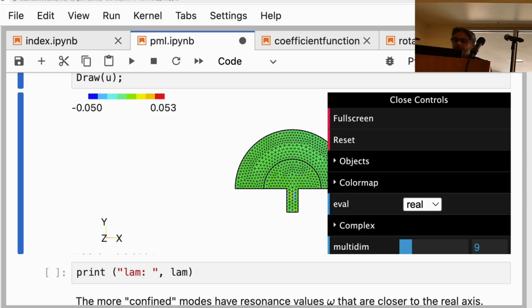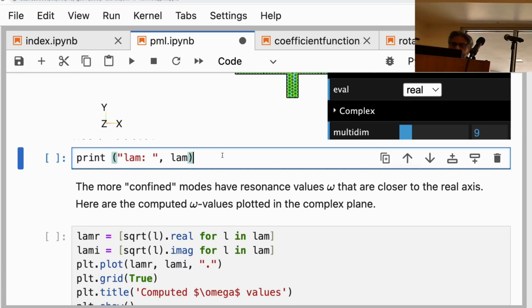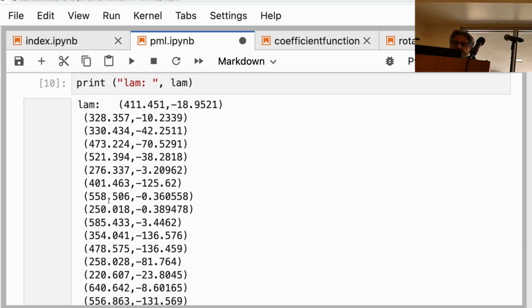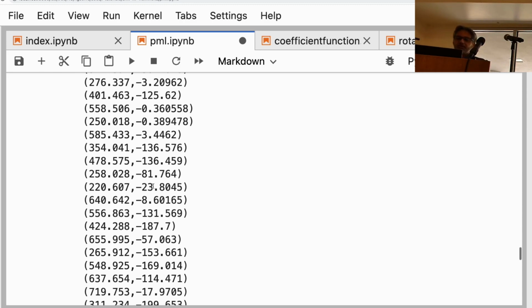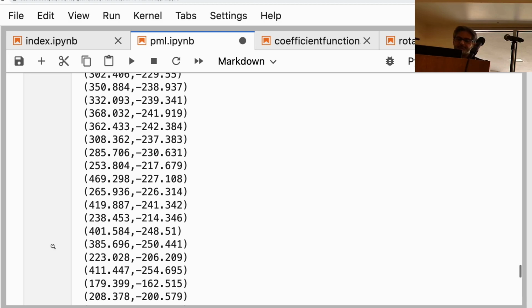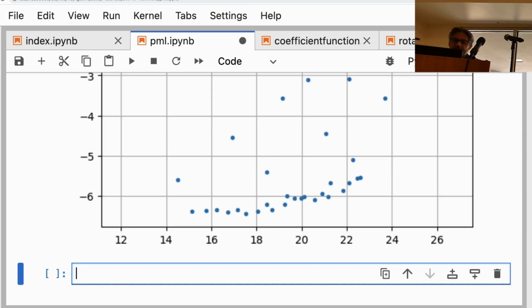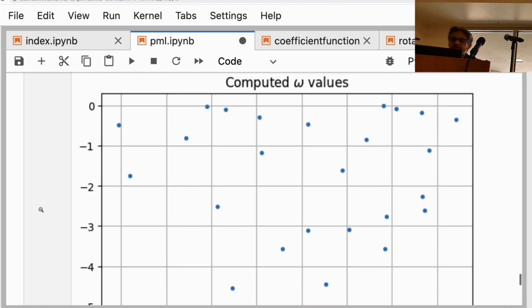And you can print all of them right here. You can see that they are complex, and some of them have small imaginary parts, and those are the ones with more confinement. And maybe instead of staring at the numbers, it's nicer to view these in the complex plane.